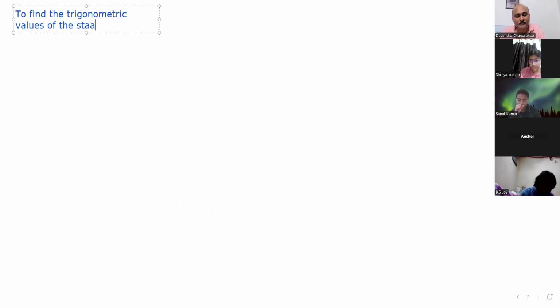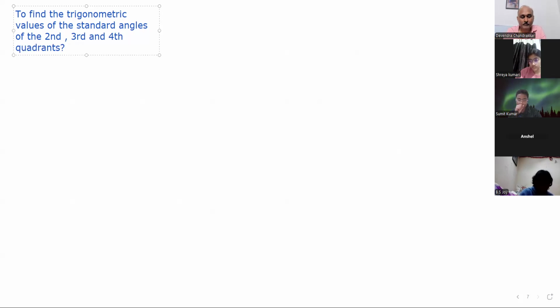But see, it is very easy. Okay. So to find the trigonometric values of the standard angles of the second, third and fourth quadrants. Okay, follow these steps.